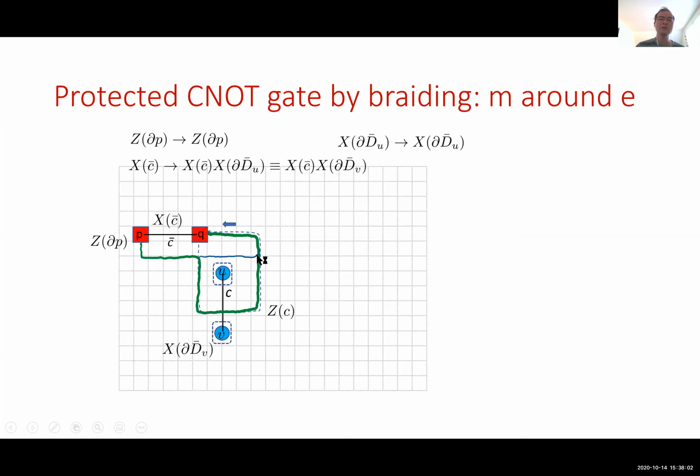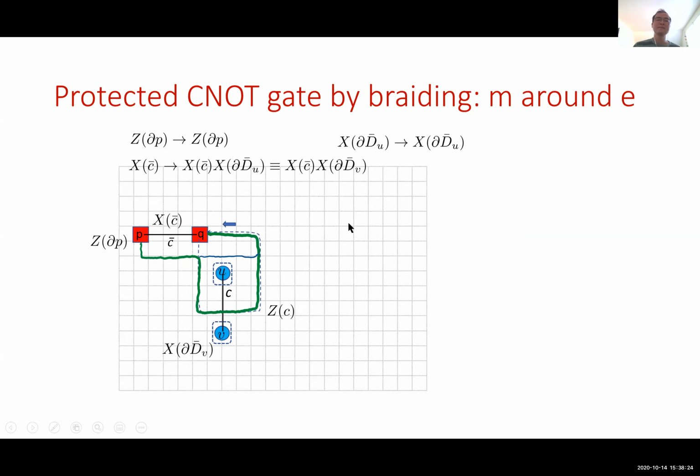The loop around this defect is a logical X operator for this qubit, right? And because U and V are equivalent, the upshot of the braiding is that the logical X operator is transformed to the X operator times the X operator of this qubit.